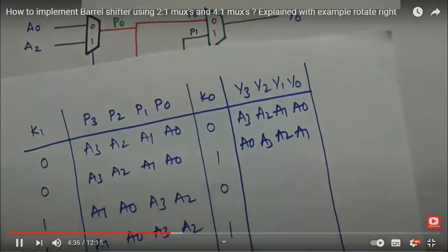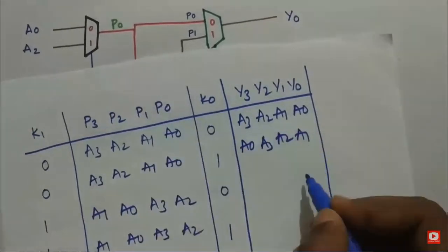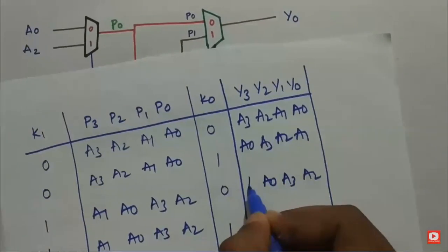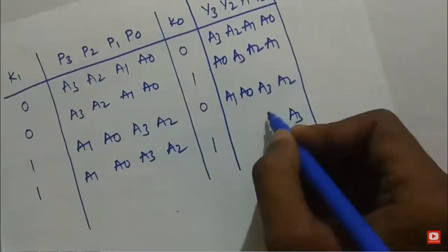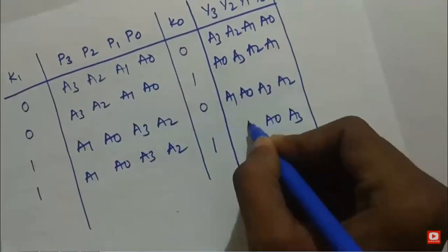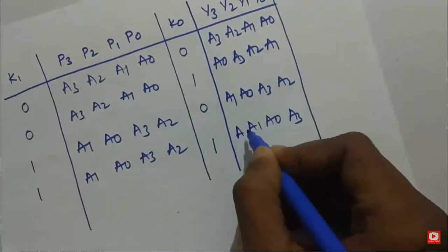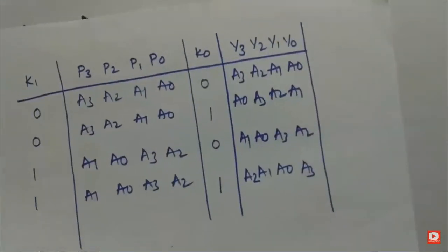So now let us see with this one. Since K equals 0, it will pass on directly, that is A2, A3, A0 and A1. Okay, now it's 1, so first we will get P1 data, then P2 data, then P3 data, and then at last we will get P0 data. So I hope that's clear for you based on the truth table.